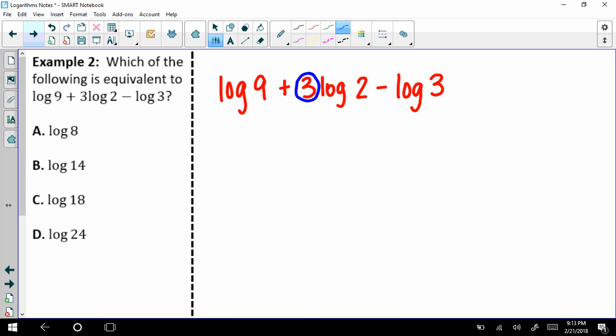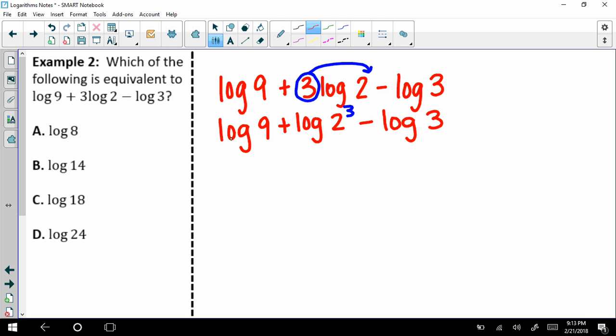So this 3 is going to become the exponent on this 2 that is inside the log. So now we have this. This stayed the same. And now this is log 2, and that 3 is now the exponent on the 2. And then everything else is the same.